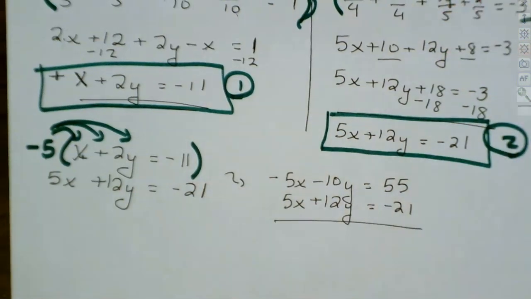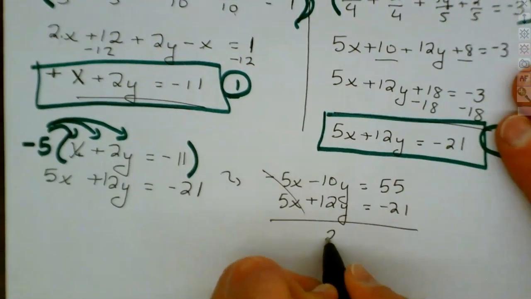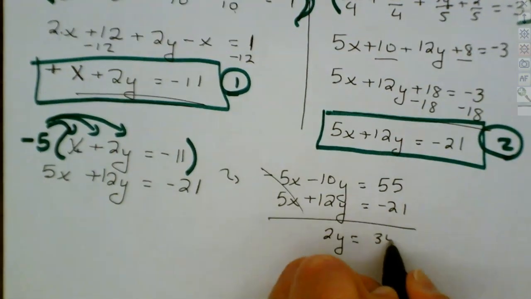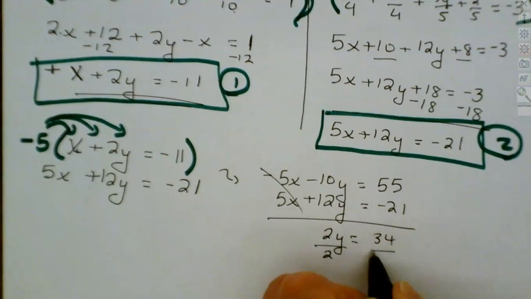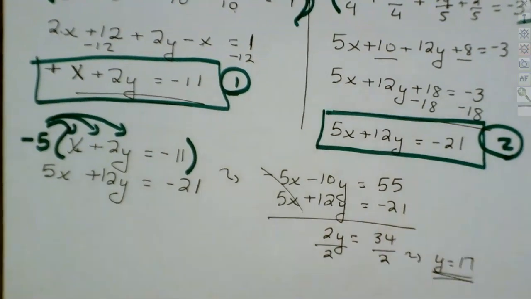Adding down, the x's cancel, we end up with 2y equals, we've got 55 minus 21, that's a 34. Divide by your 2, and that gives you y equals 17.